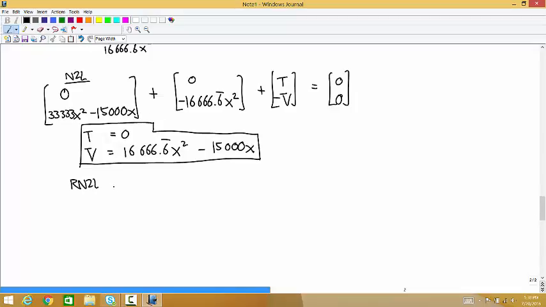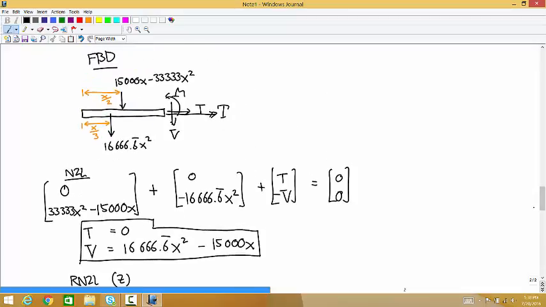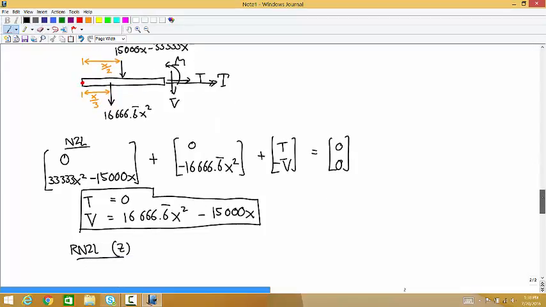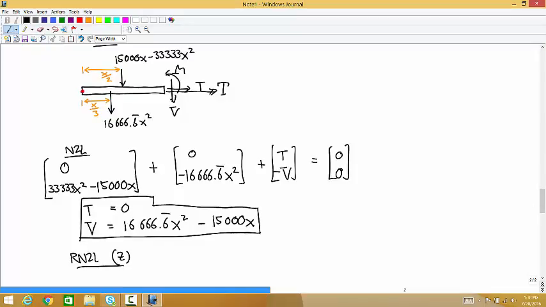Then the moment equation about the z-axis. The 16,666x squared has a moment arm of x over 3. And if the about point's here, that's a clockwise rotation. So what's 16,666 divided by 3? That's probably all 5s.